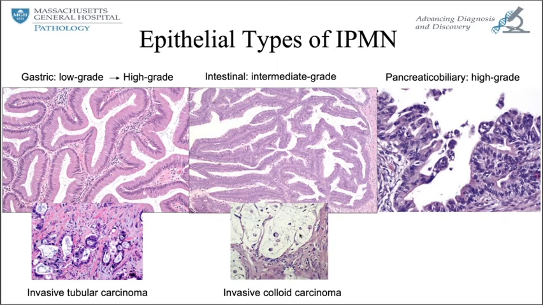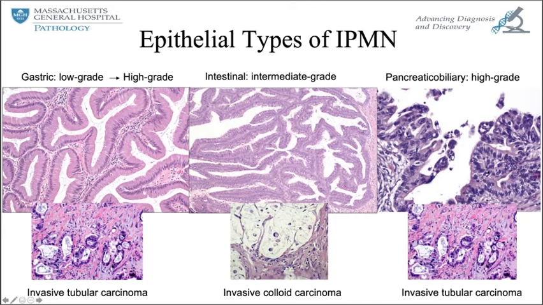So since most main ducts have this lining, all main duct IPMNs will be resected in surgically qualified patients. And then your pancreatobiliary type lining is already a high-grade dysplastic lesion, and it too leads to invasive tubular carcinoma. So if we see this high-grade epithelial atypia, then this is an indication for surgical resection.